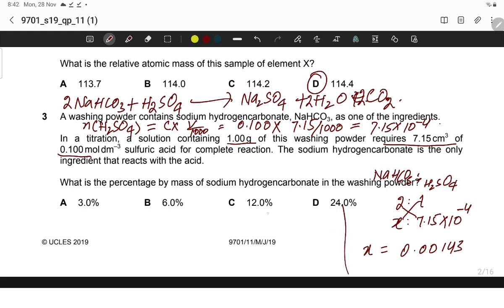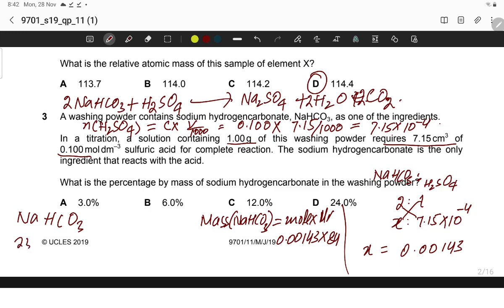So mass of NaHCO3 is equal to mole into Mr. Mole is 0.00143 multiplied by Mr, which is 84, because sodium hydrogen carbonate is 23 plus 1 plus 12 plus 48.